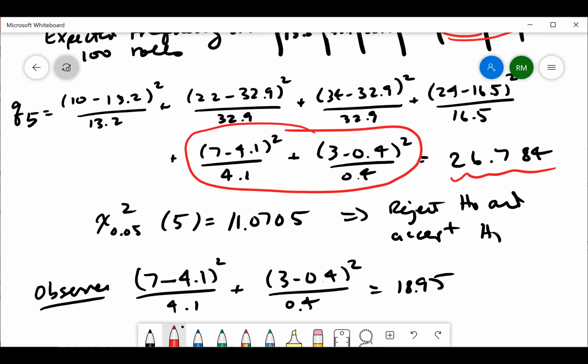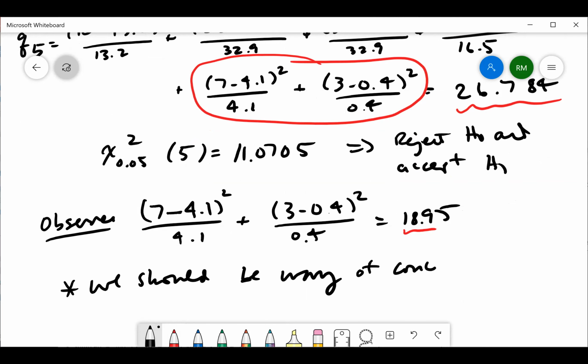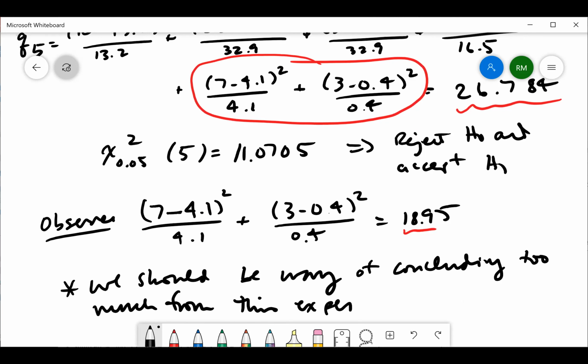That's a very large percentage of our chi-square value. Therefore, we should be wary of concluding too much from this experiment.